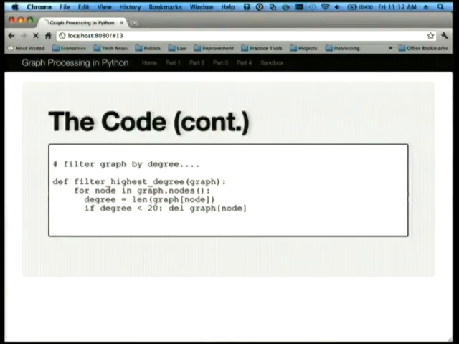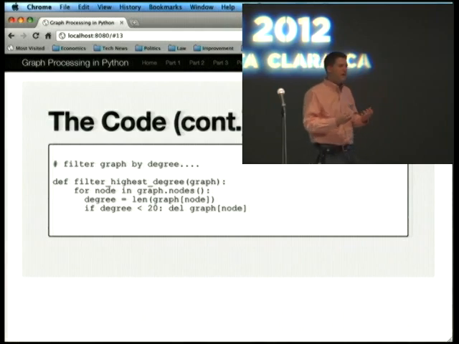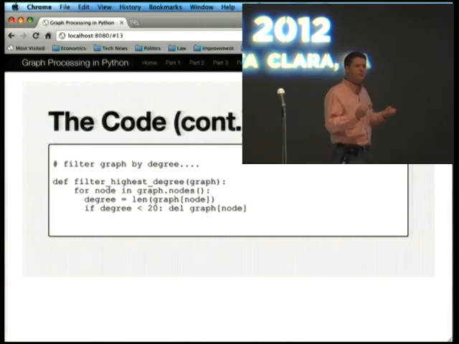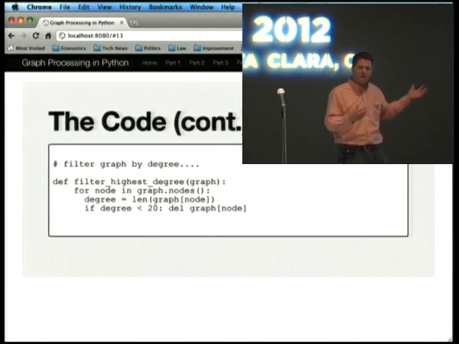There's a natural mapping between the degree of a particular node and how popular it is. The degree of a node is basically the number of edges going in and out of it. If something has high degree in this particular model, it's going to be very popular.